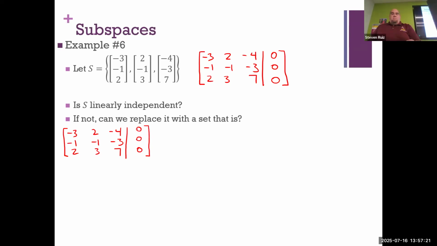Go ahead. You can start by adding two of row 3 to row 1. So that gives me 1, 8, 10, 0.